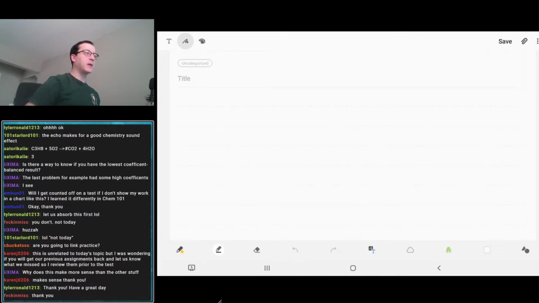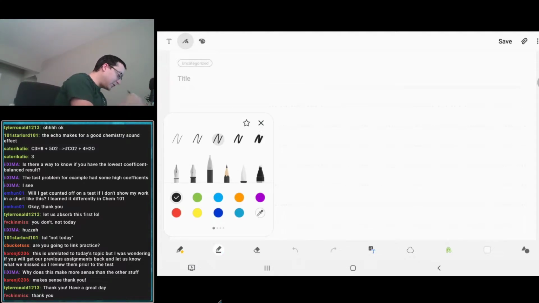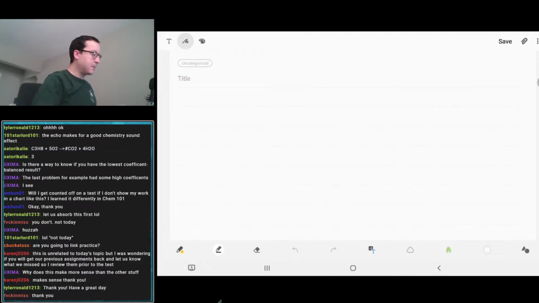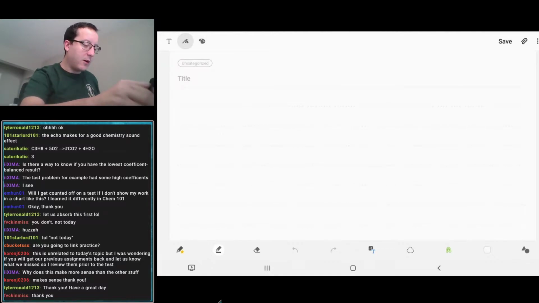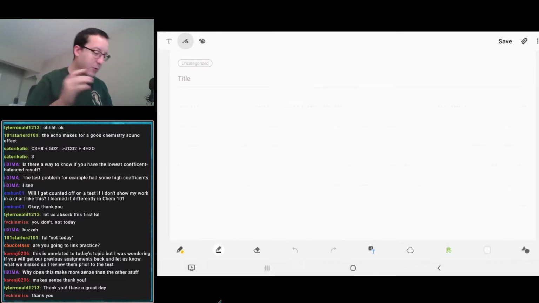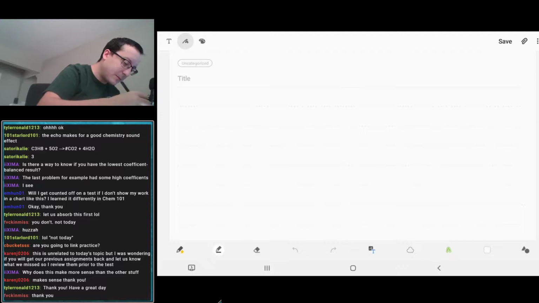So last time we talked about moles, right? Let's have a look here. Let's do just a couple of practice problems to refresh our memories. We've already repressed them. We don't ever want to do them again, but they are very important.